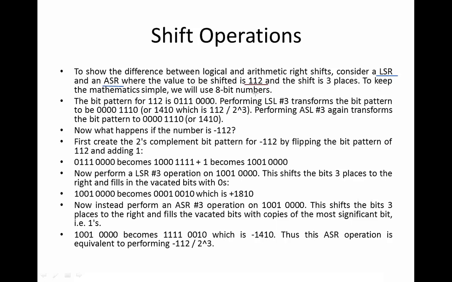So let's take the binary value of this. This is going to be 0 1 1 1 0 0 0 0. Can someone confirm if this binary value is correct for 112?